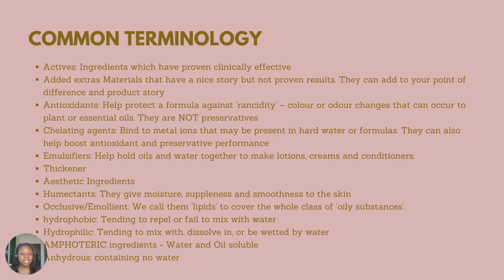They will separate, but an emulsifier helps you bind both water and oil together, and also helps your ingredients to mix properly. We also have thickeners. An example of a thickener is xanthan gum, carbomer. They are mainly used in shower gels and serums, just to increase the viscosity of the product.